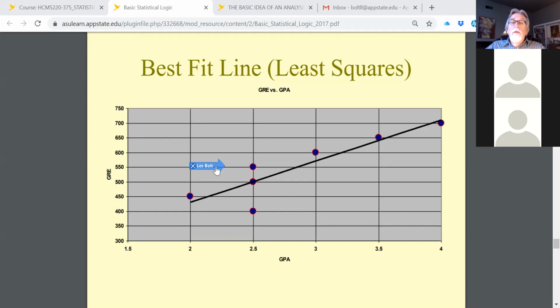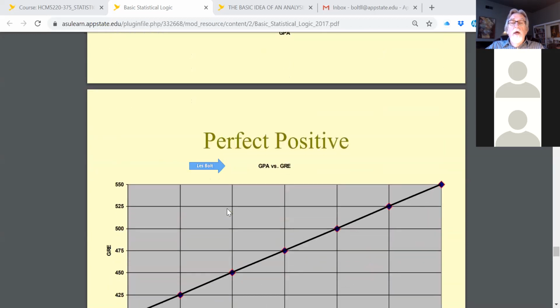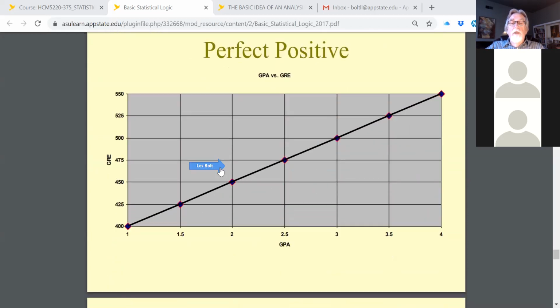Now, there are a couple of different perfect best fit lines. If you had a perfect positive relationship so that every time one variable went up 1 increment, the other variable went up 1 increment, you would have a 45-degree line starting at the axes and going up to the right. And that would be what we call a perfect positive relationship.